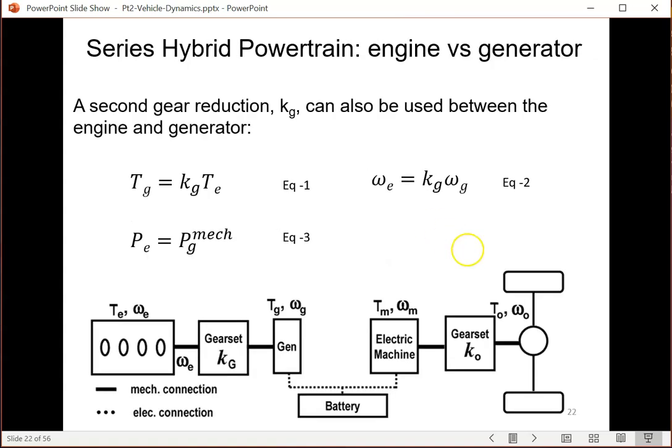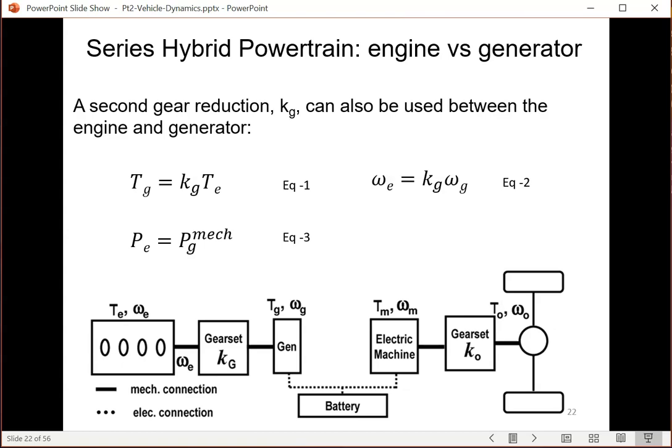Now, of course, if you look at the configuration of the series hybrid powertrain, we also have a gear set between the engine and the generator as well. Depending on the actual design of the engine and the generator, sometimes that kg is greater than 1, which means to slow down. Sometimes kg can be smaller than 1, which means the speed of the generator is faster than the engine.